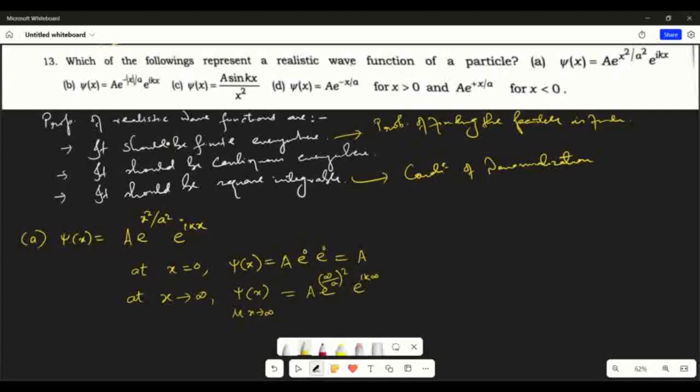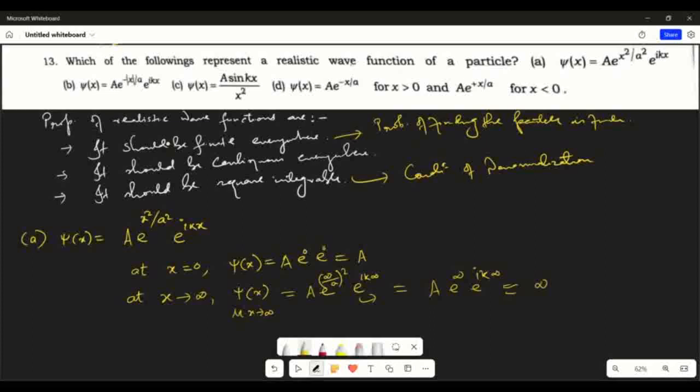The ik infinity part is sinusoidal, its maximum value will be 1. Now let's check the other portion: e to the power infinity square is infinity, and e to the power ik infinity. So this leads to infinity, that is undefined.